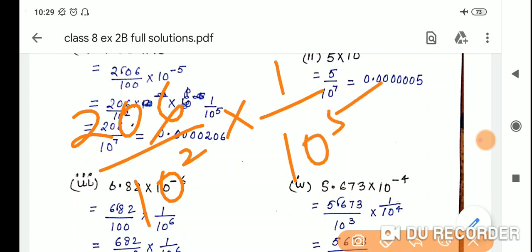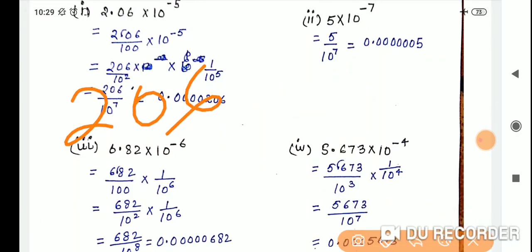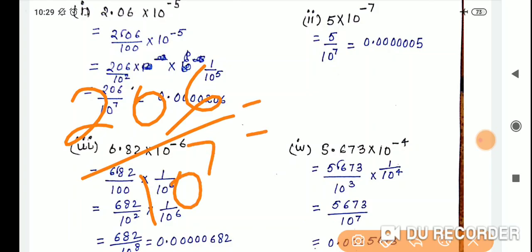Both are multiplying, so the powers will be added. So 206 by 10 raised to the power 7. We will just open it and write in the decimal form.